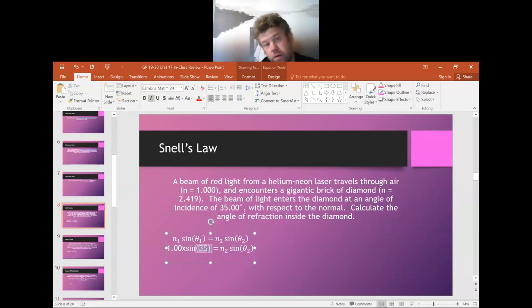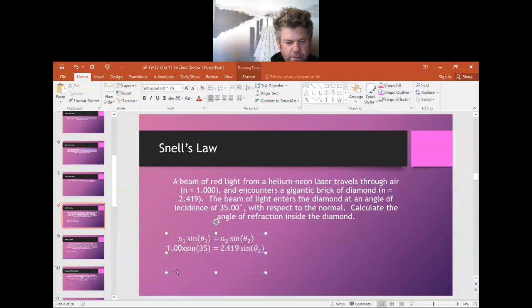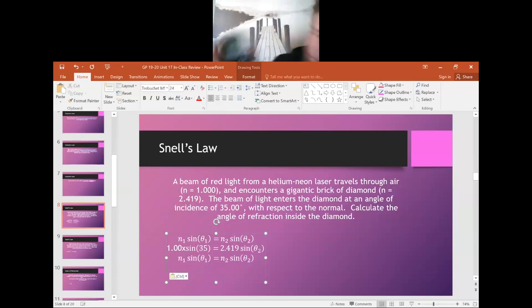Again, don't forget degree mode. That's going to be a big deal for us. This is 2.419. So 1 times the sine of 35. The sine of 35 is 0.57.